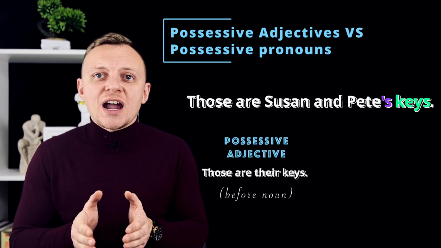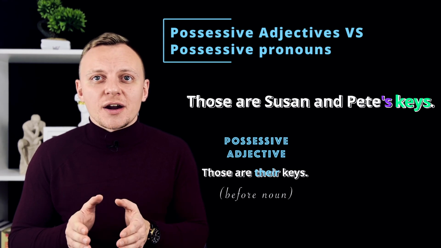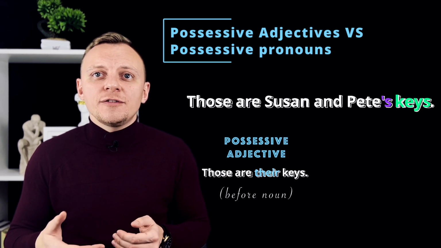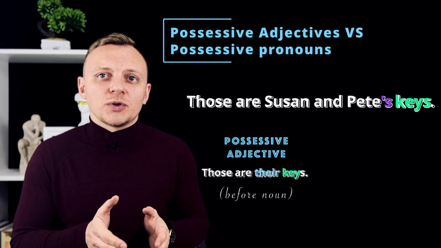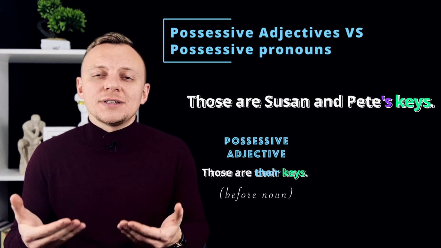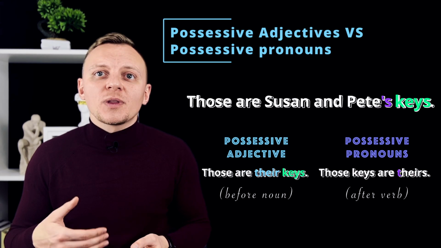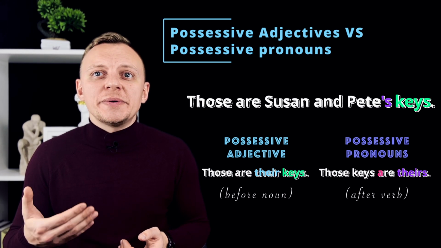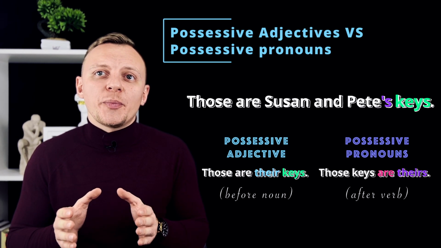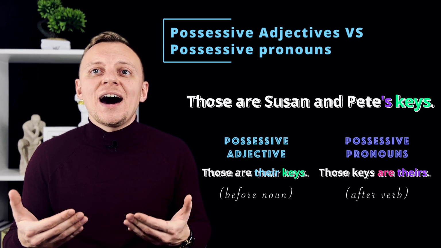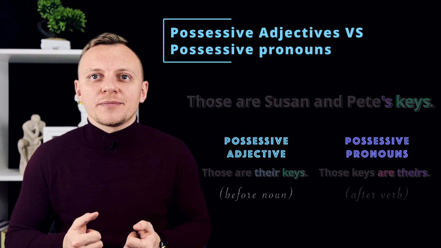Those are their keys. Their is a possessive adjective for the third person plural, standing before the noun. Those keys are theirs. We use theirs as a possessive pronoun for the third person plural, placed after the verb.